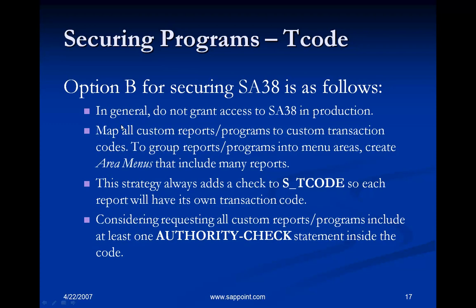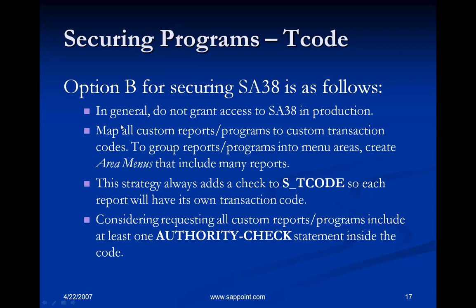Now, apart from creating a custom transaction code for every program, the developers should also consider including at least one authority check statement inside the program code. The authority check statement will give an additional layer to the program. So when the user executes the custom transaction code, the S_TCODE object is going to be the first object that's checked.